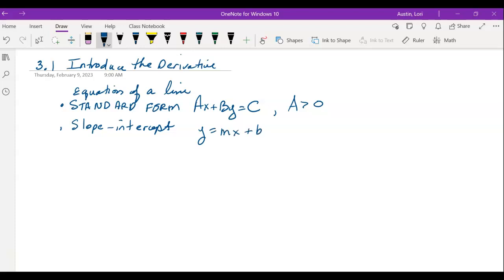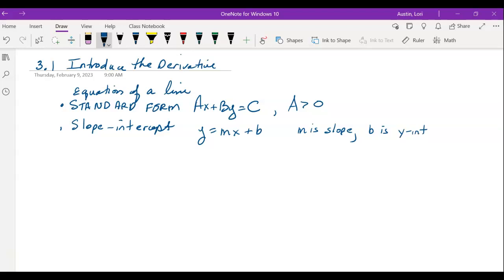And that's often how you can give your answers if you're being asked for an equation of a line. Of course, m is the slope and b is the y-intercept.